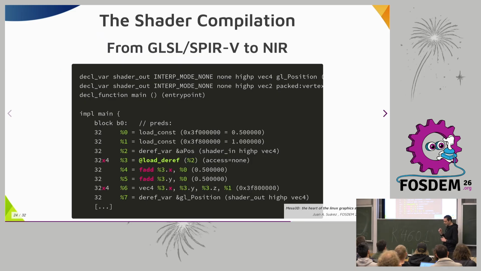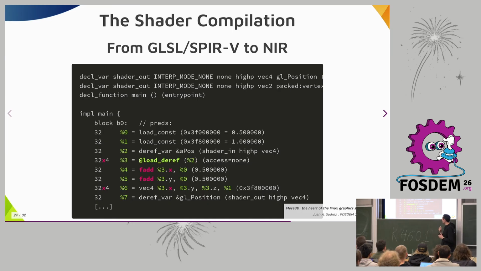In the case of GLSL, there is a step where there is a parser inside Mesa that parses the code, generates an intermediate language, and then that is converted to NIR. In the case of SPIR-V, it's converted directly. It's a one-to-one match that converts SPIR-V to NIR.